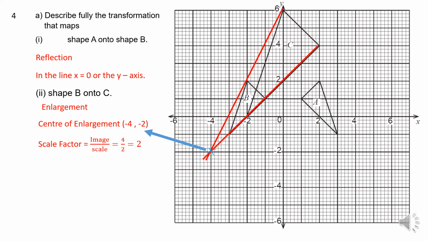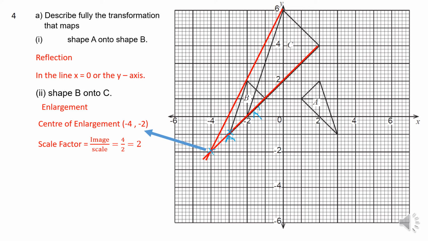Suppose I take this particular point, let me call it A, and I call the corresponding point here A prime. I want to find out how far that point is, as a vector, from the center of enlargement.